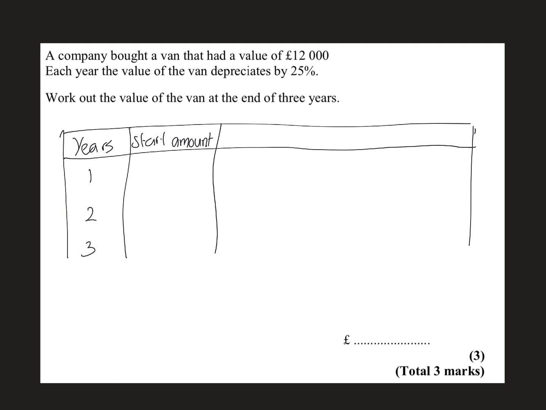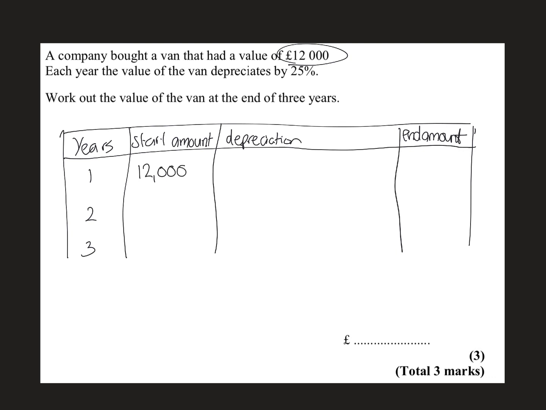Then we have our depreciation. And then we have our end amount. Okay, so we're starting off with a van at £12,000.